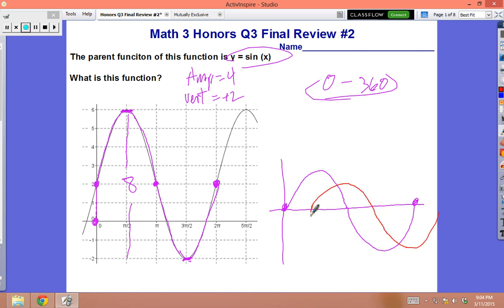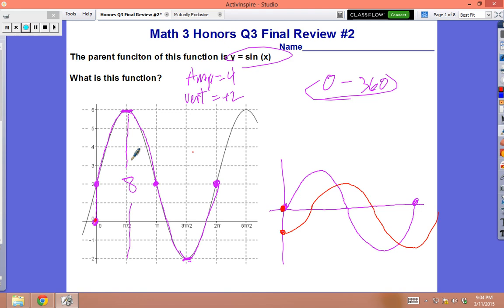It needs to start at 0. If it does not start at 0, like my red one, if this were to start down here at negative 1, then it's probably been slid left or right. But mine does start at 0. It was just shifted vertically up 2.